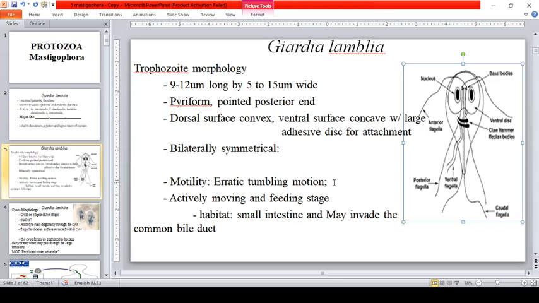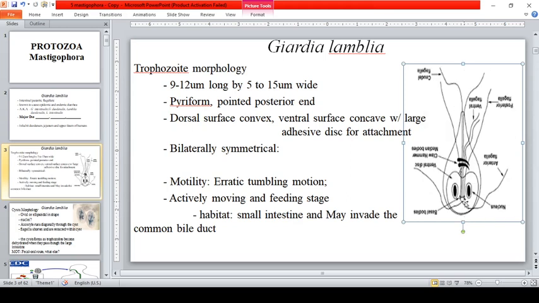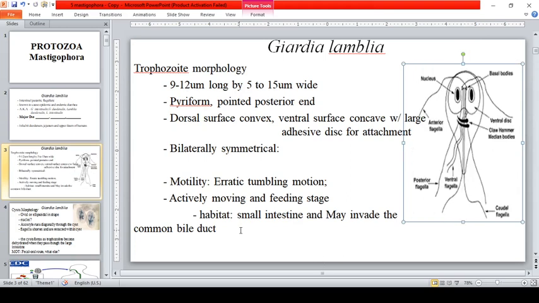Take note also that it has a teardrop shape. The trophozoite is the one that is actively moving, in the feeding stage.